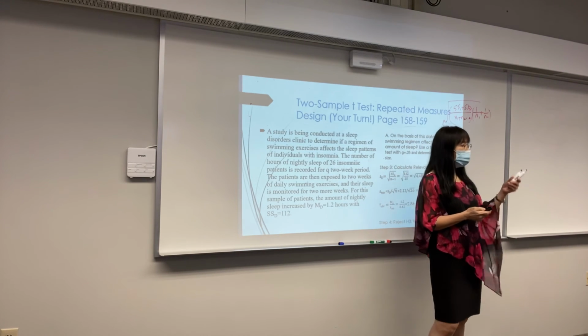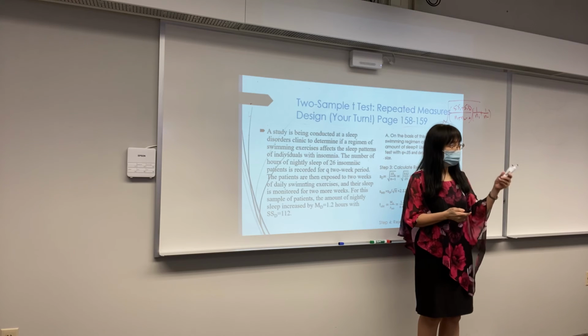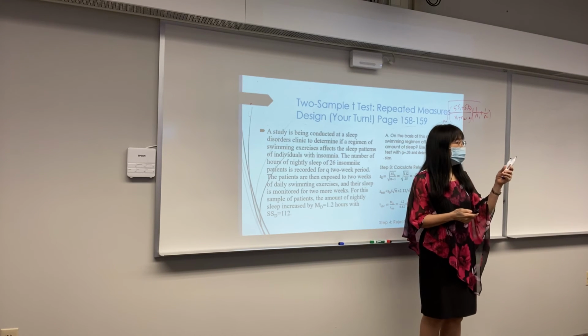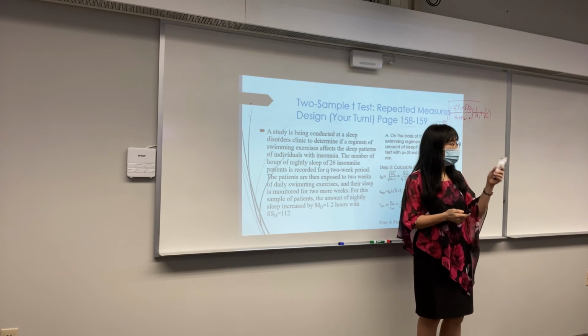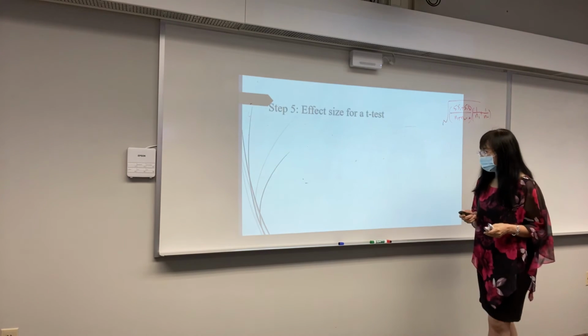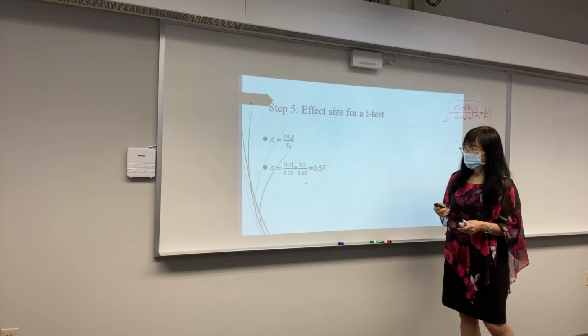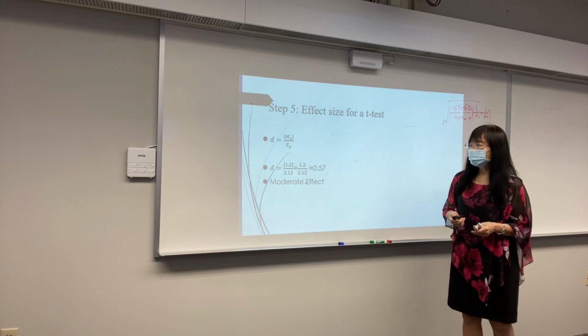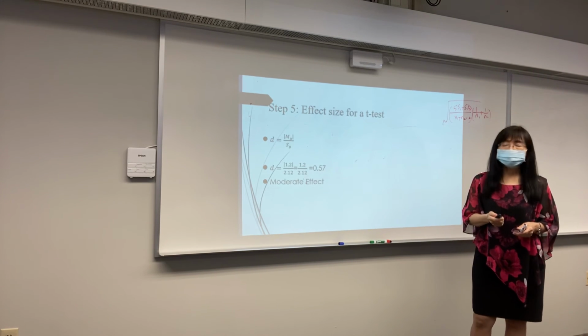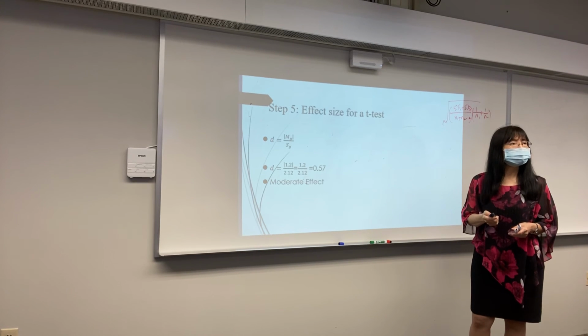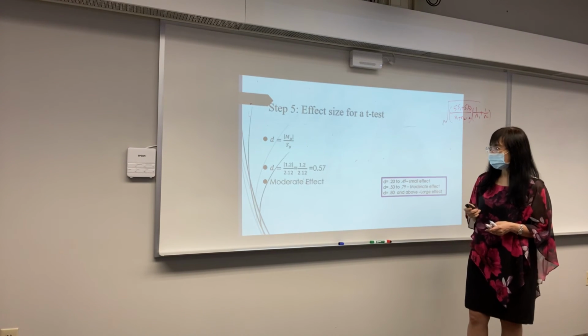So actually you reject. T25 is 2.86. Okay. So when we reject, we get effect size. And you got this number, 0.57, and we say a moderate effect. Okay. So far, so good.